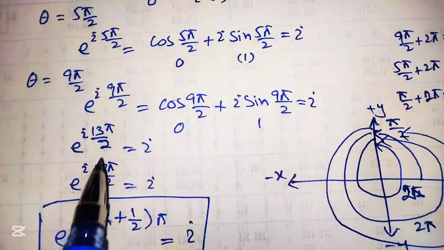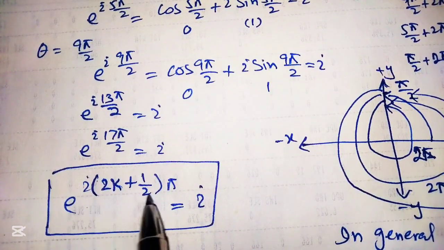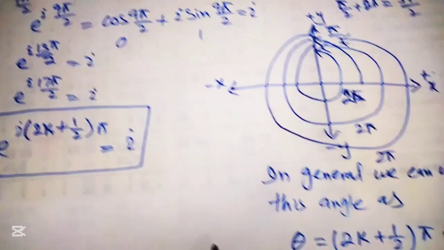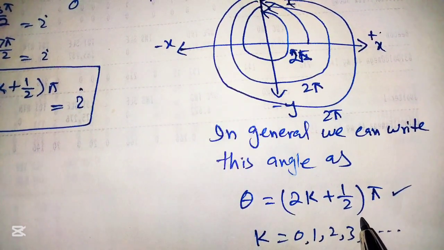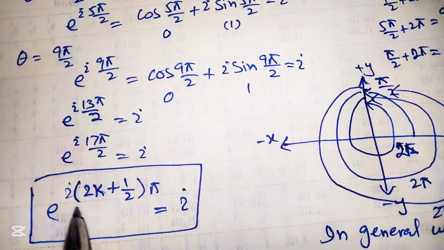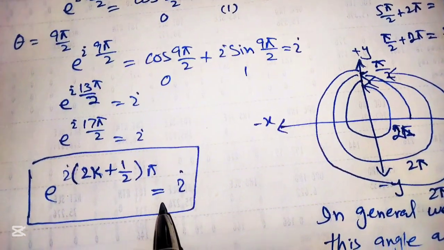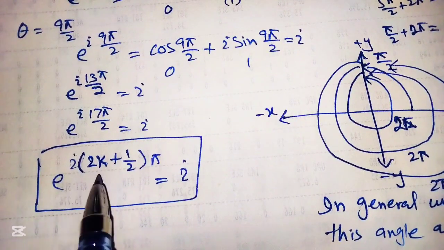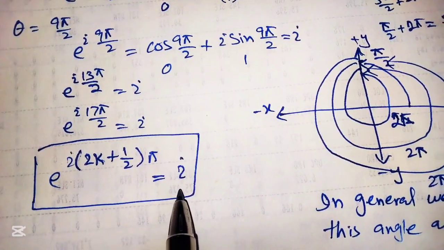And so in general we can write e raised to power iota into the angle on the positive y-axis, which we conclude from this diagram, as e raised to power iota into (2k plus 1) over 2 pi, which is equal to iota. That is, e raised to power iota into the angle on the positive y-axis will always equal iota.